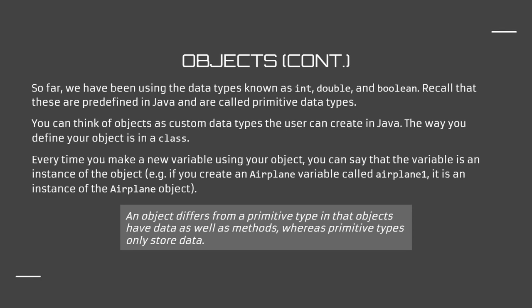An object differs from a primitive type in that objects have data as well as methods, whereas primitive types only store data. So objects can contain their own variables of other types, as well as, of course, containing methods. So, for example, the airplane object might have an integer variable within it for its altitude, although that would probably be a double. And it also might have a double variable within it for its speed.